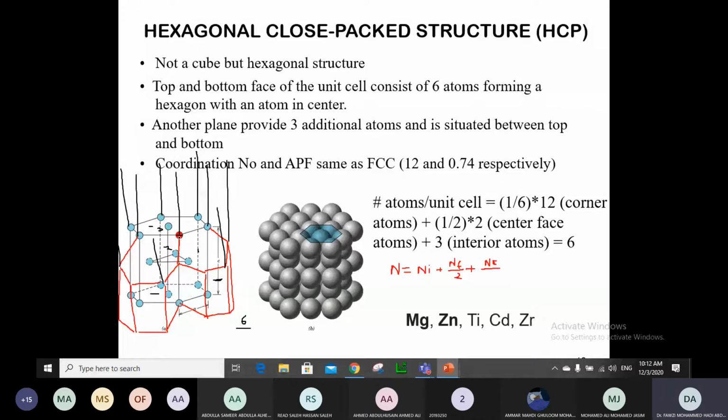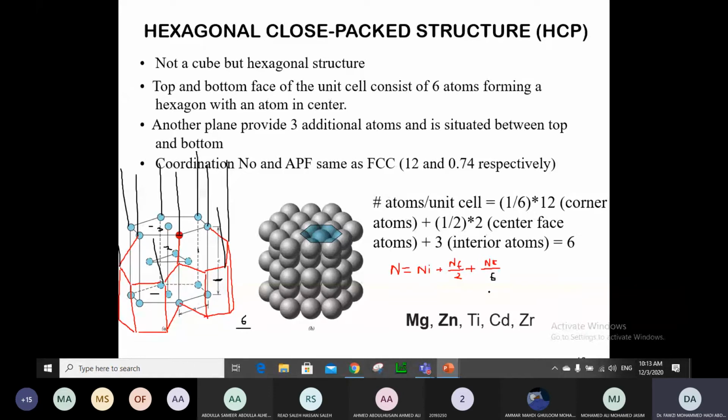So therefore, the part of the corner atom which is inside this unit cell is actually 1/6 of an atom. It's not 1/8 like what we have in the cubic crystal structure. Therefore, instead of dividing by 8, we divide by 6 for the hexagonal close pack.